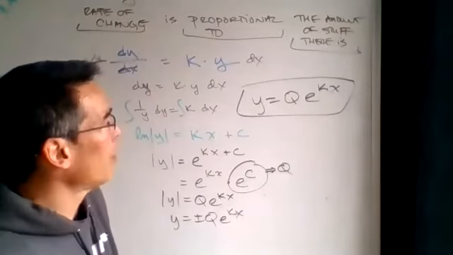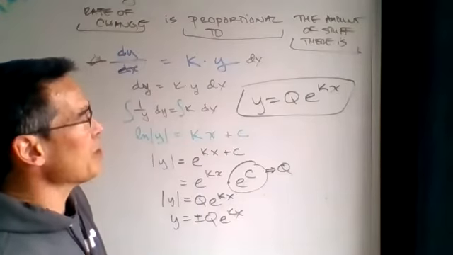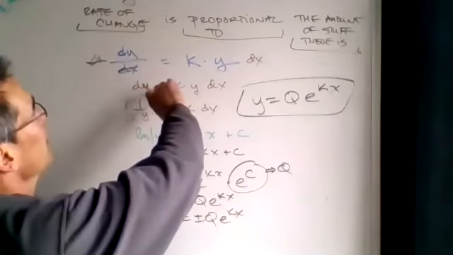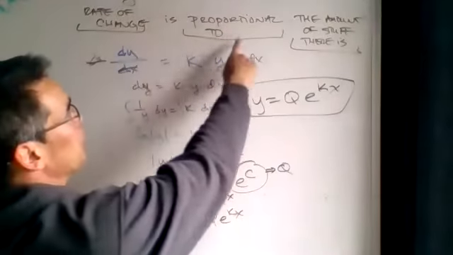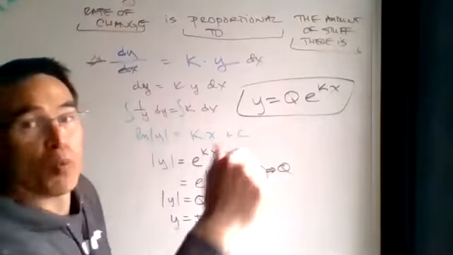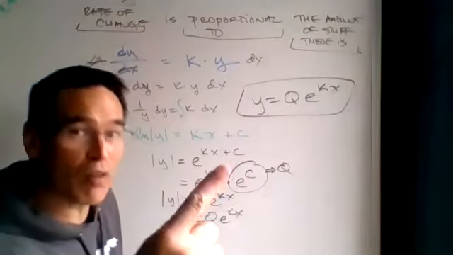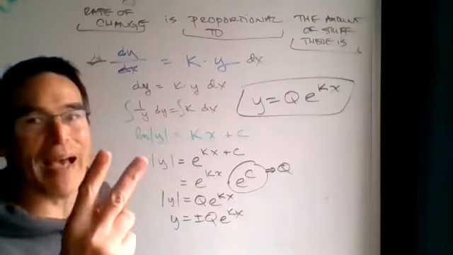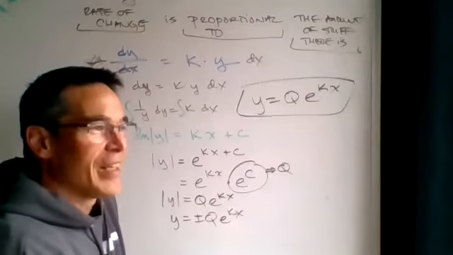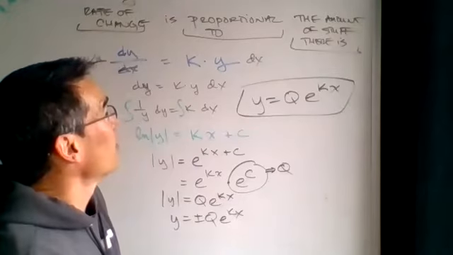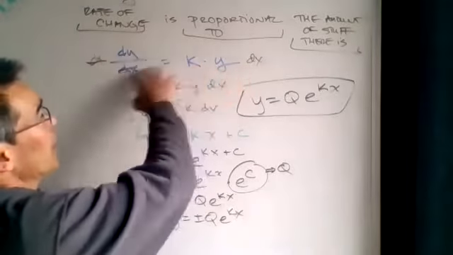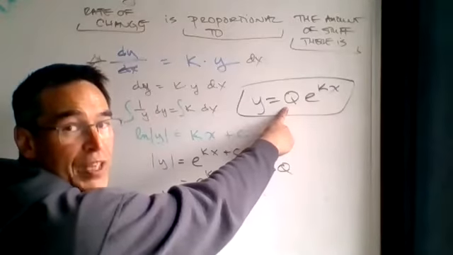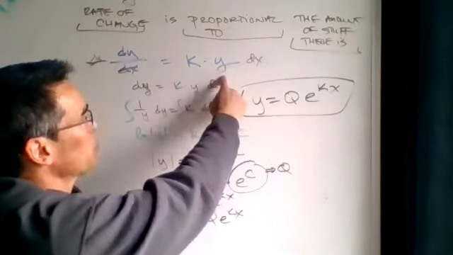Okay, so that's what this differential equation is, where you have a rate of change proportional to how much stuff there is, whether it be money or cockroaches or some sort of isotope. In chemistry, this would integrate to an exponential model all the time, if it's directly proportional.